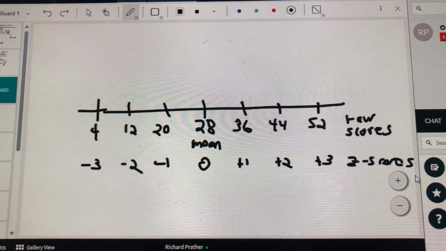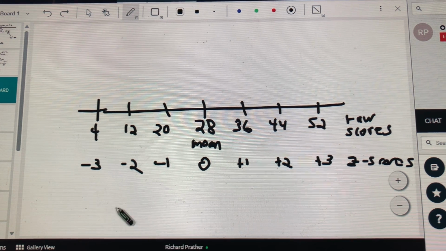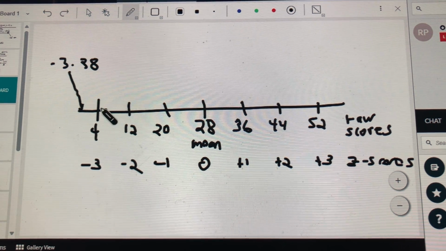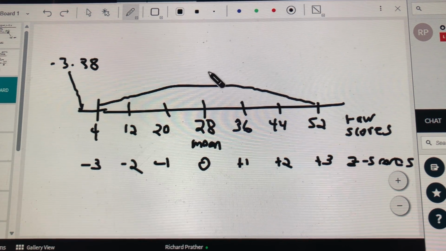These are called z-scores. Z-scores are how many standard deviations from the mean you are. Somebody who's a negative 3.38 is way down here. 1's way below 28, but this is a negative 3.38 z-score. By the empirical rule, 99.7% of the time you land within 3 places of the mean.